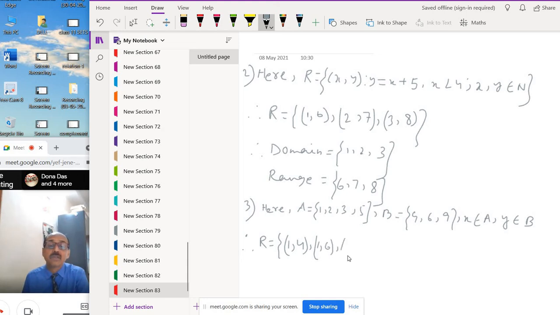Then (1, 9): the difference is 8, we cannot take it, 8 is even. Now 2. (2, 4) we cannot take, the difference is even. (2, 6), the difference is 4, cannot take. Then (2, 9) we can take, so (2, 9).